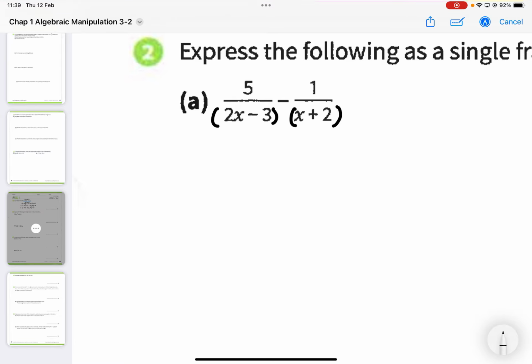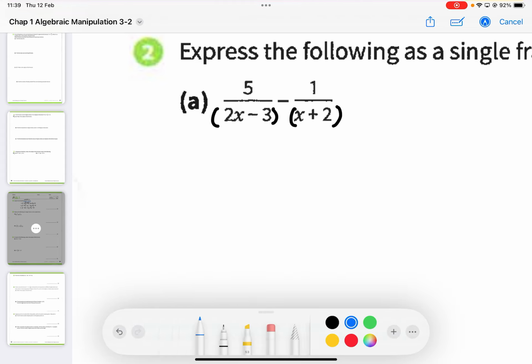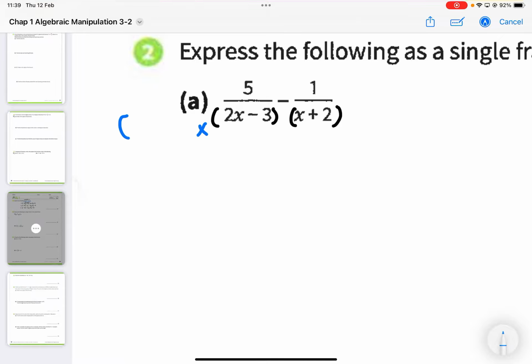I need to have this bracket, they belong together, multiply this bracket that belongs together. When I multiply this bracket to the denominator, I need to multiply it to the numerator.